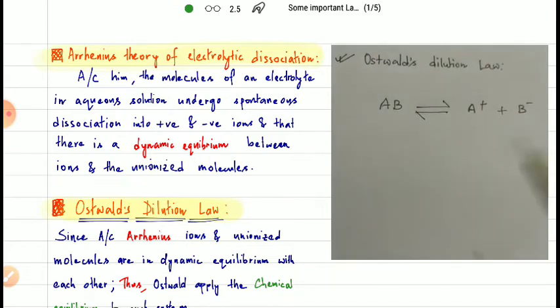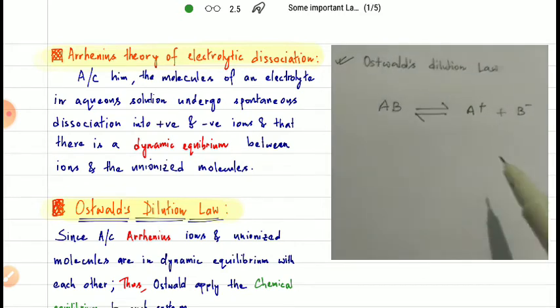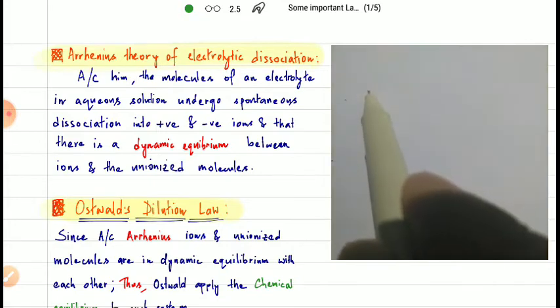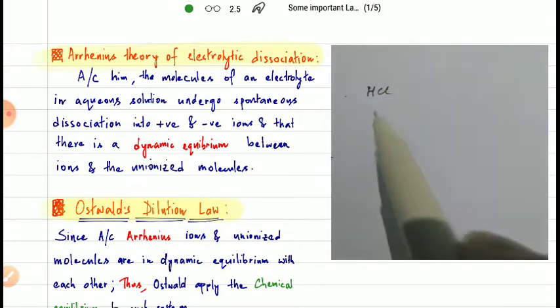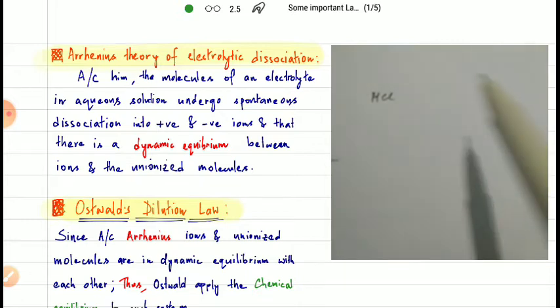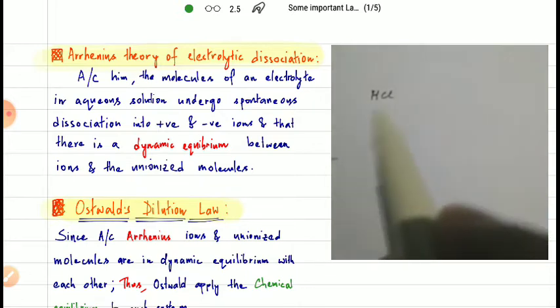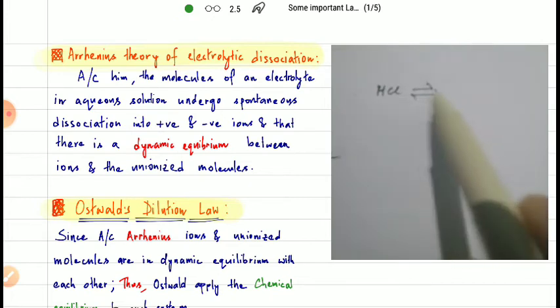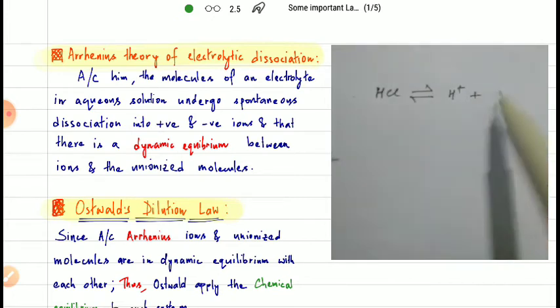Why? Because strong electrolytes dissociate completely into their ions. If you consider a strong electrolyte, can you give me some example? HCl or sodium chloride or sodium hydroxide, they are strong electrolytes. HCl is a strong acid, so they will give this one.